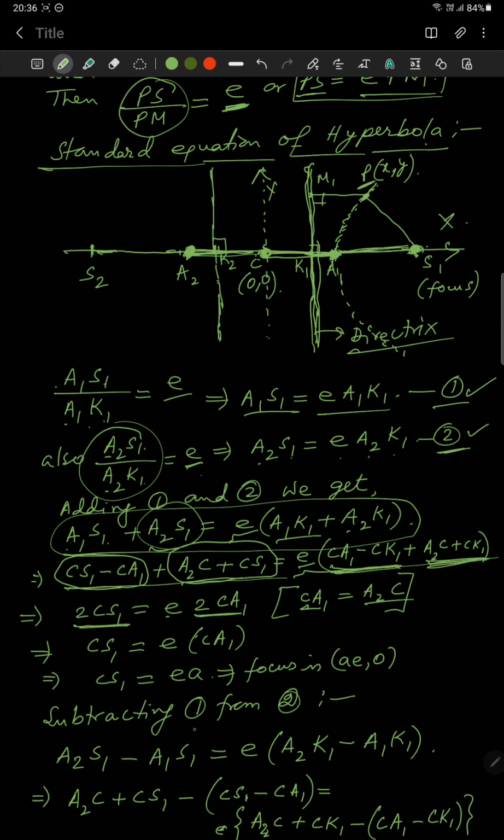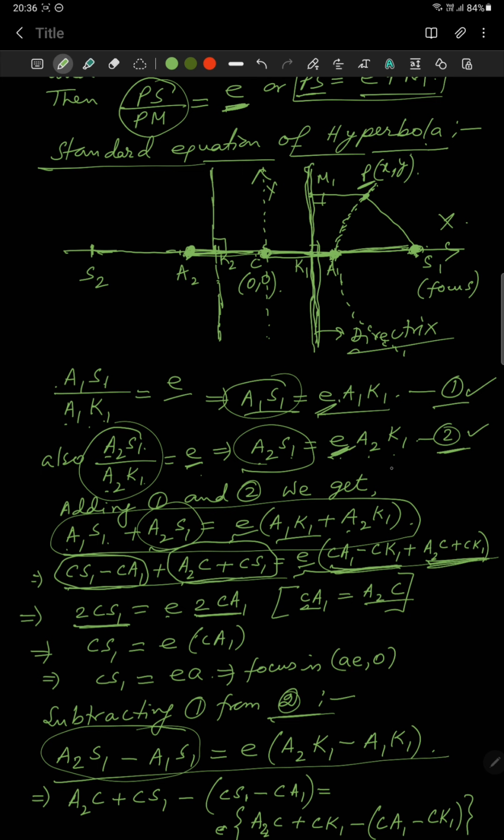Similarly, now we can subtract 1 from 2, then we get this result. Simple calculation, that is what I have written. A2S1 minus A1S1 is over here, and E is taken common from A2K1 minus A1K1.